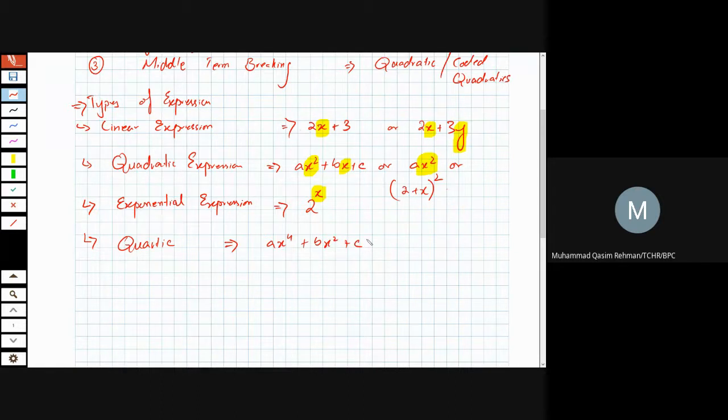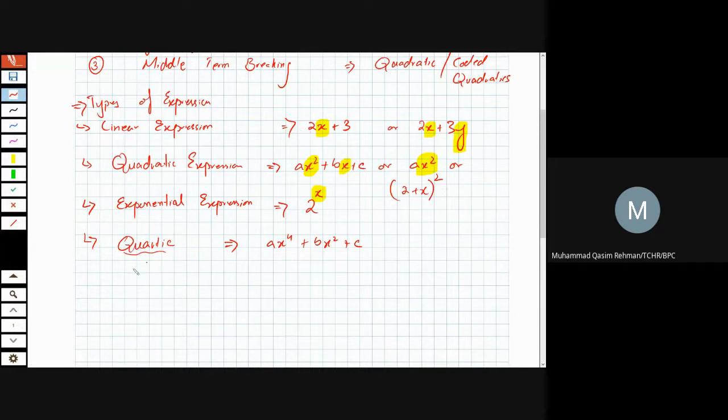You see that the maximum power of a variable here is 4. This makes it a quartic expression. Now, in your syllabus, there are actually techniques for quadratics, but the IGCSE or O-level syllabus does not have a technique to factorize a quartic expression.